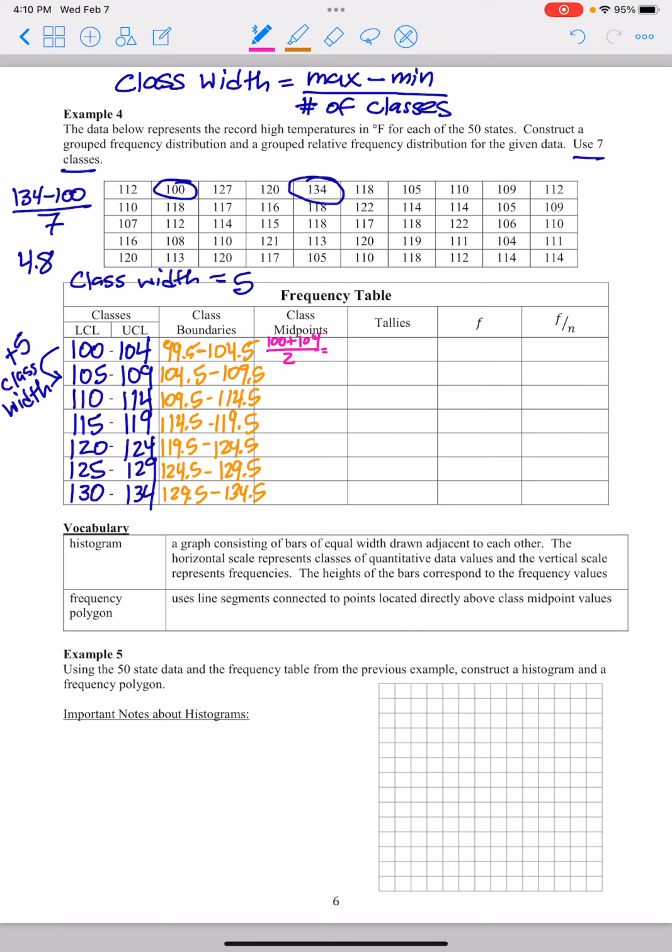And when we do that, we end up with 102. You could keep doing that over and over, but you don't need to. The class width is going to follow those class midpoints. So we're going to have 102, and then add 5 to that, we'll get 107. Add 5 to that, we get 112. Then 117, 122, 127, and 132.